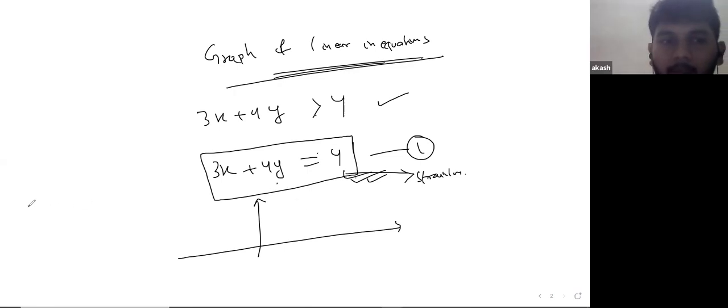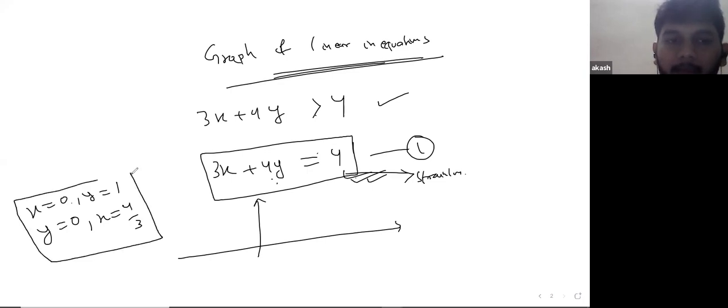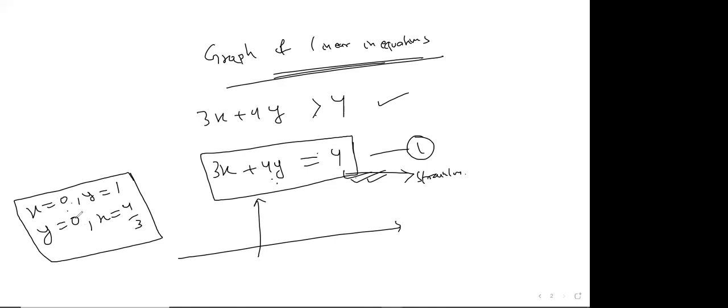All right. Just put the value of x equals to 0 and y equals to 0. If you put x equals to 0, then y will be 1. If you put y equals to 0, then x will be 4 by 3. You only need 2 points, right, to draw a straight line. And we will always take these 2 points, x equals to 0 and y equals to 0, for your convenience.